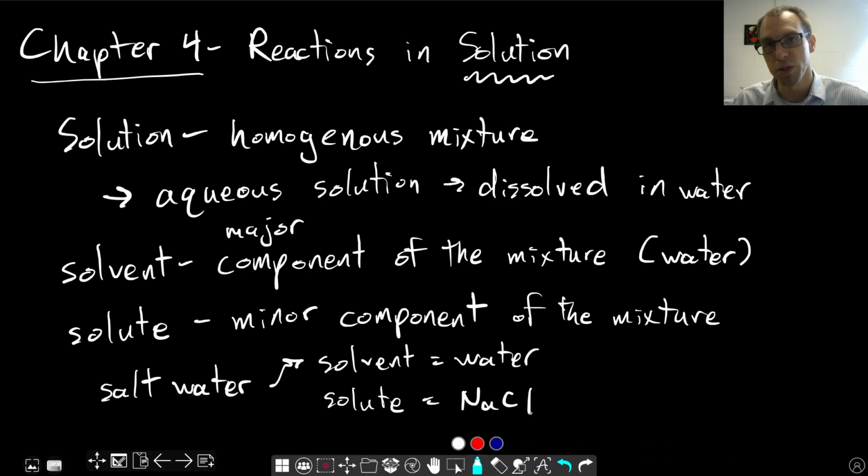Many solutions have multiple things dissolved in them, so you might have several different solutes present. You will only have one solvent, just because by definition it's whatever is present in the largest quantity, but you can have any number of solutes. And in an example like seawater, you're going to have a large number of solutes, probably on the order of dozens of different things dissolved in your solution.